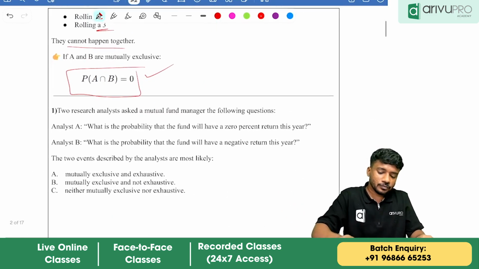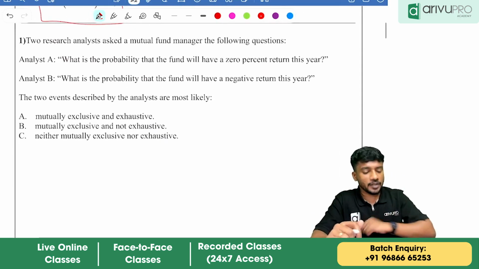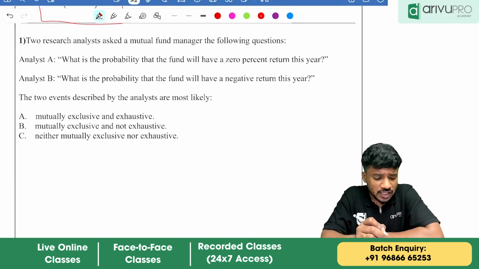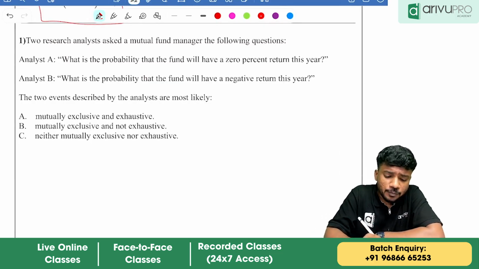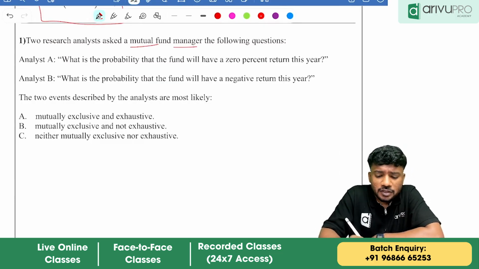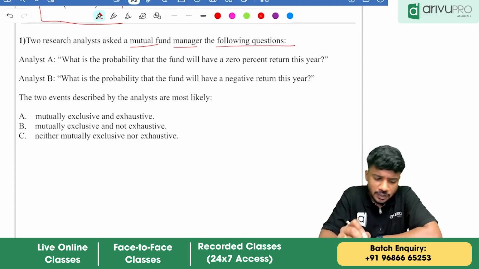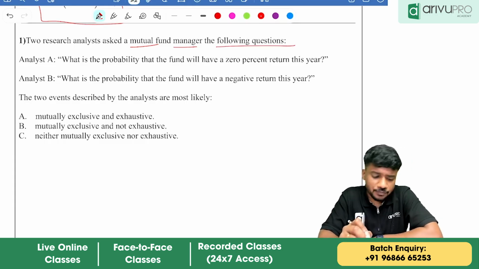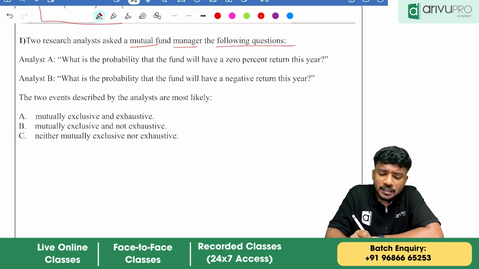Now, the first question. Two research analysts asked a mutual fund manager the following questions. Analyst A: What is the probability that the fund will have a 0% return this year?